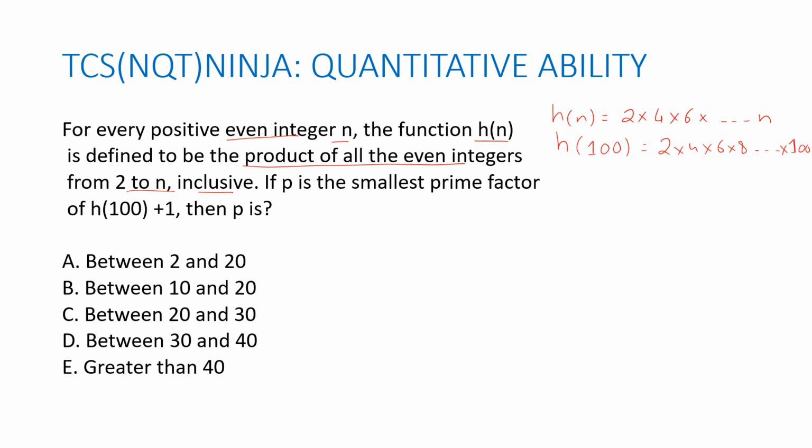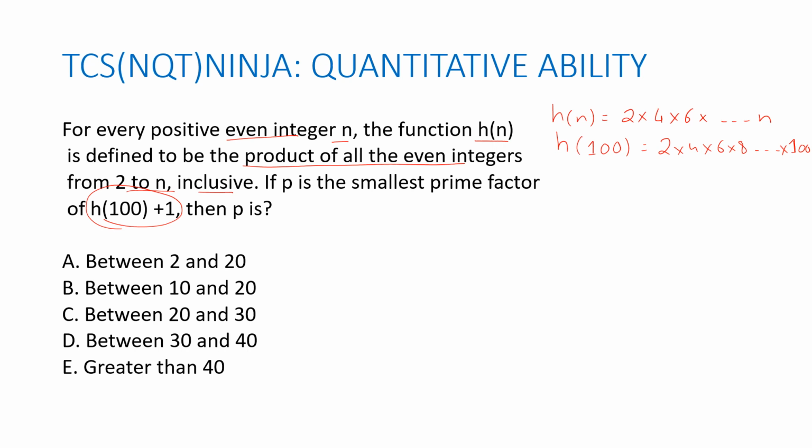So I was okay with H100, but the problem arises when he talks about P as the smallest prime factor, because he is not referring to H100, he is referring to H100 plus 1. H100 on its own is going to be a very large number, and plus 1 would mean you add 1 to it, it's going to be very large. So it seems to be a little bit of a problem. How would I be able to find the smallest prime factor?